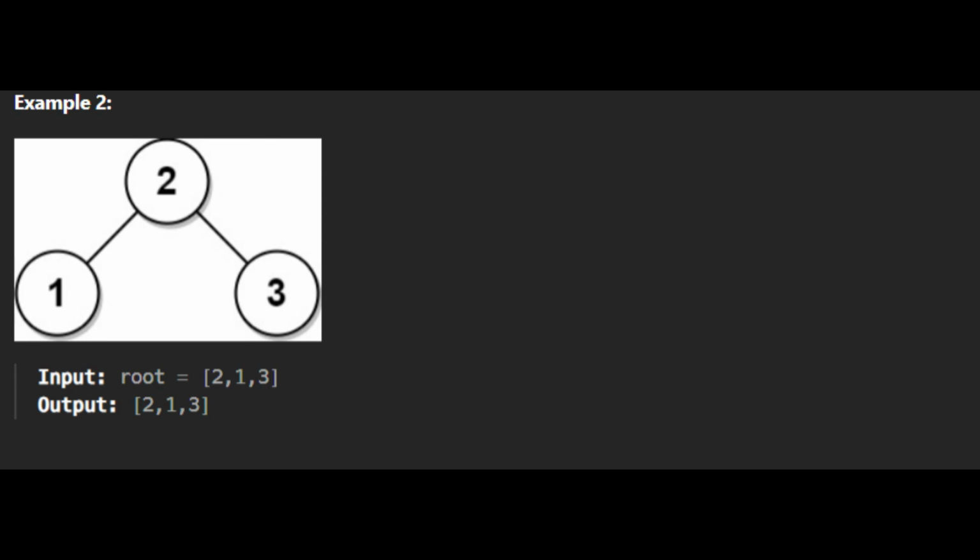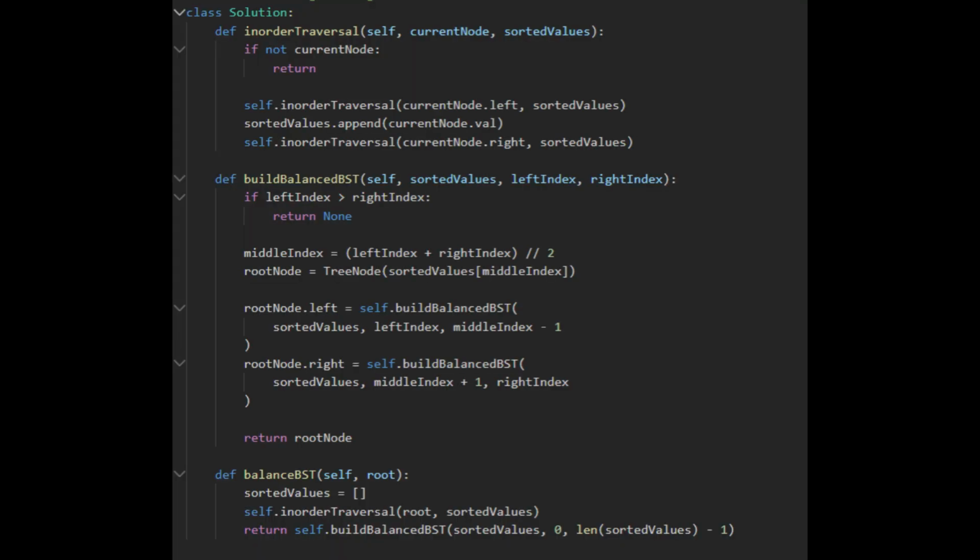Since the tree is already balanced, there is no need to rearrange any nodes. So the output remains the same as the input, 2, 1, 3. This example shows that if the given binary search tree is already balanced, we can simply return it as is. The problem gives us a binary search tree that may not be balanced. Our goal is to return a balanced binary search tree with the same values.